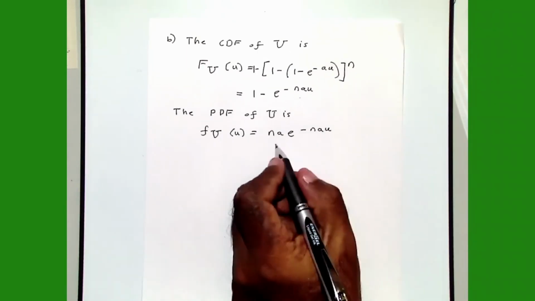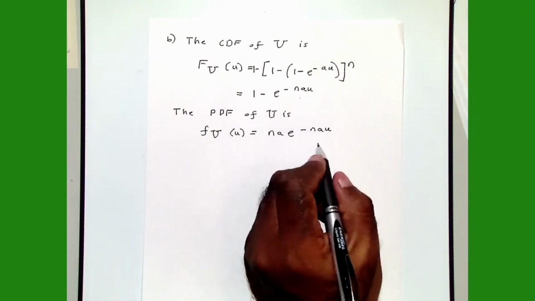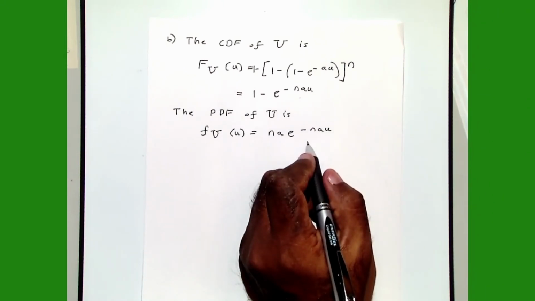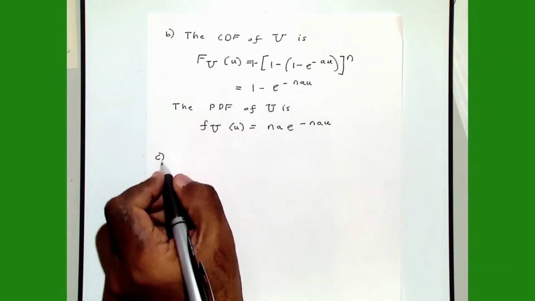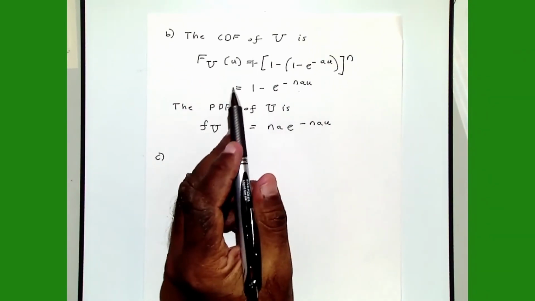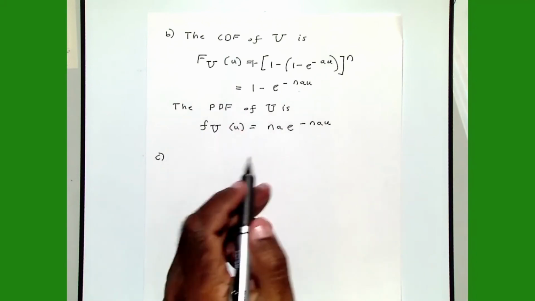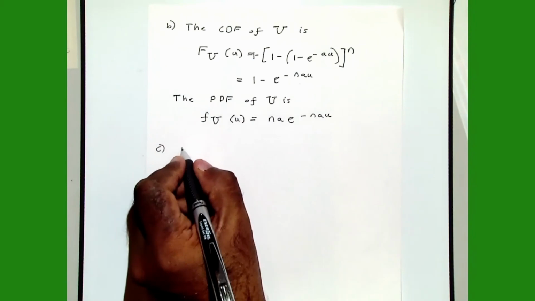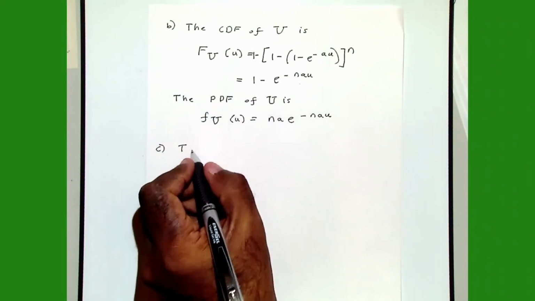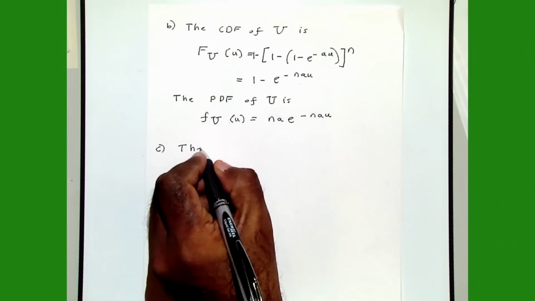So you will see that this itself is an exponential PDF with parameter nA. So what you're saying is that the distribution of the minimum portfolio loss is also exponentially distributed with parameter A replaced by nA.